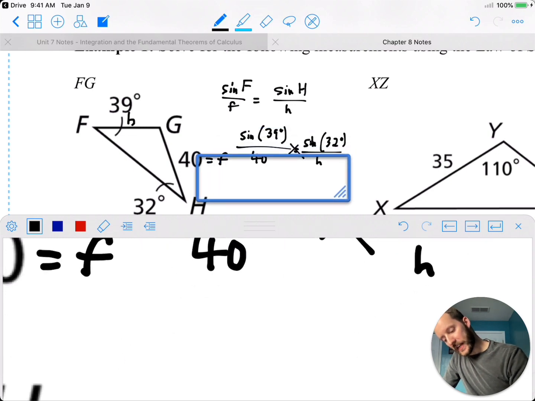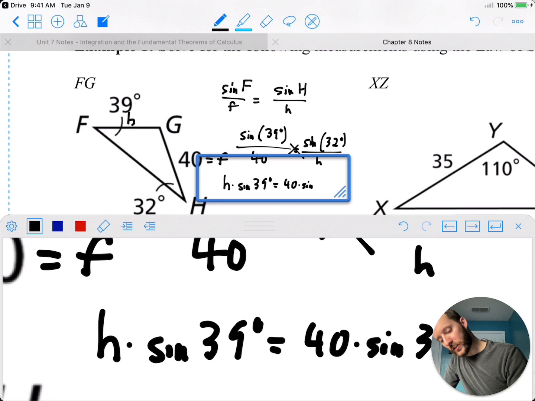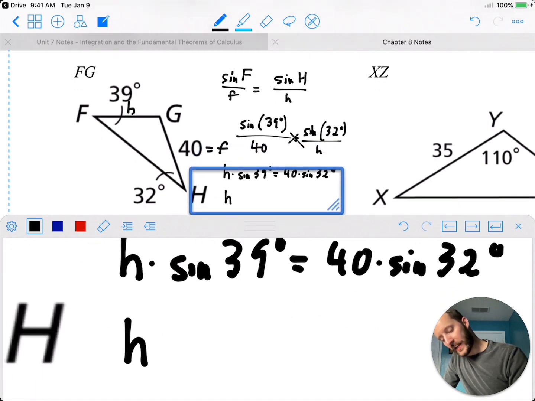So do that. h times sine of 39 degrees equals 40 times the sine of 32 degrees. To get h by itself, divide both sides by sine of 39 degrees.